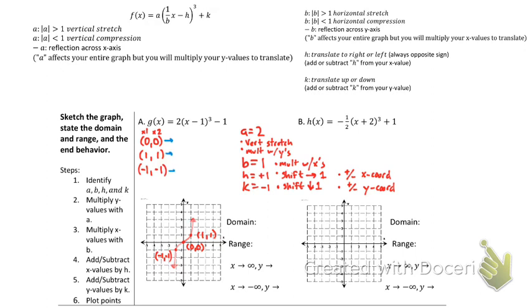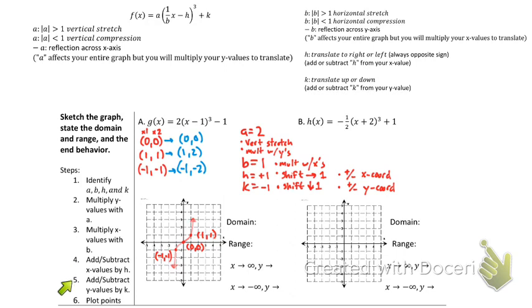After I apply my a value, which I've already written up here, here's my b value, here's my a value. I'm going to multiply here and multiply here, so I get my new points. It's going to be 0, 0, 1, 2, -1, -2.